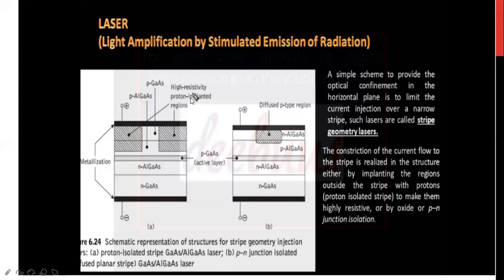Either you provide this high resistive proton implantation or a P-type PN junction implantation, both will improve the current confinement and thereby reduce the lateral spread.